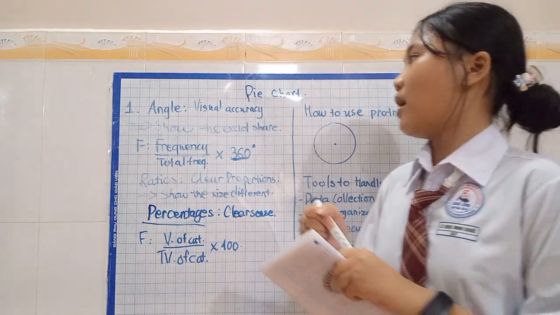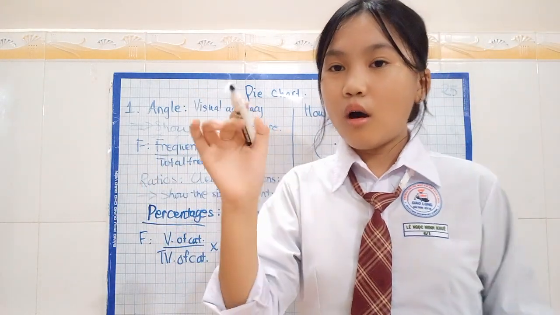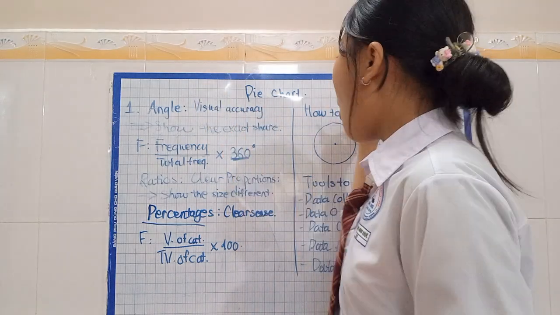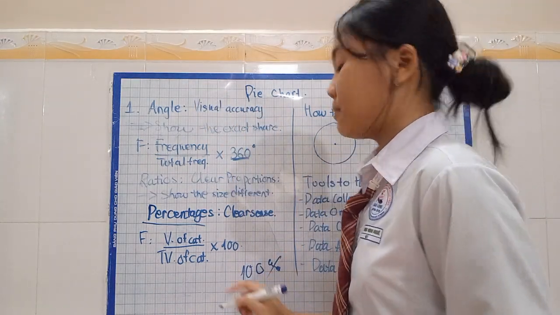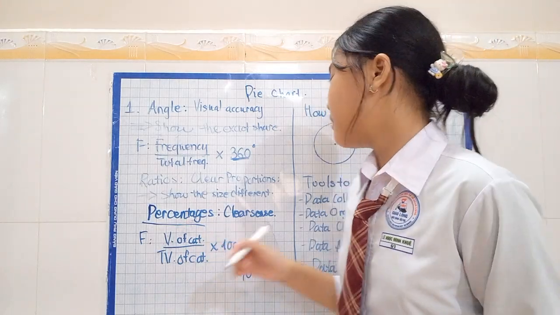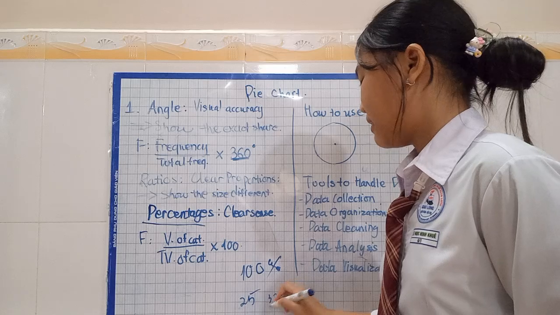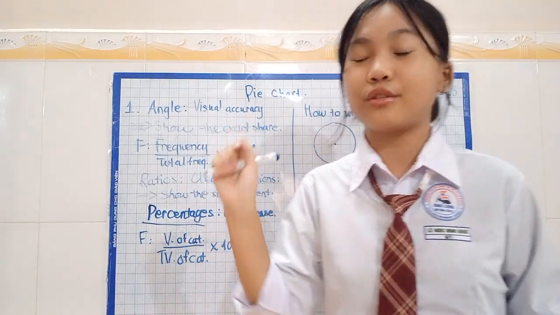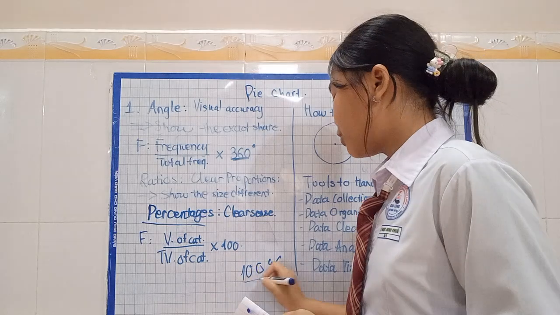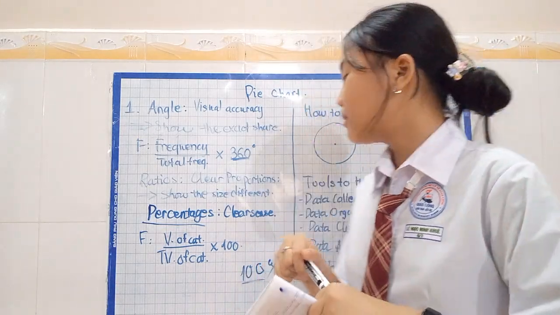So let's say we have 4 categories, and it could differ, but the total will always be 100%. Each category could be like 25 or 35, etc. But no matter what, when all those categories are added up, they should be 100% for accuracy. So that is our point.